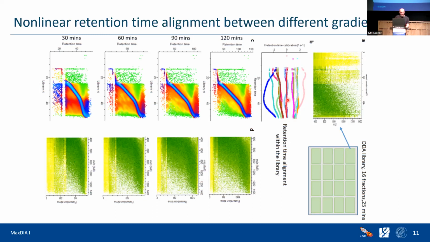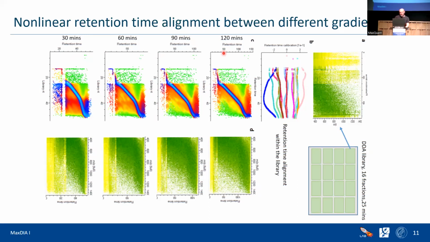So don't forget that if you generate the library with MaxQuant, obviously in the DDA mode, then you have to switch on the matching between runs. Right, and then you can see here that the library is then retention time aligned to 4 DIA samples with different gradients, so from length 30 minutes to 2 hours.